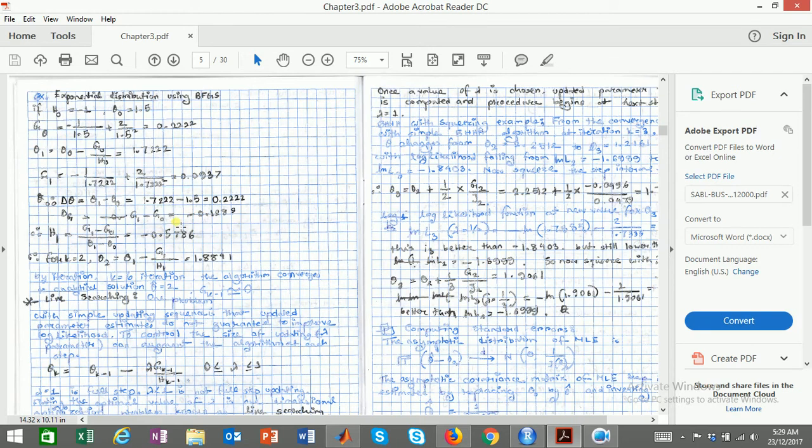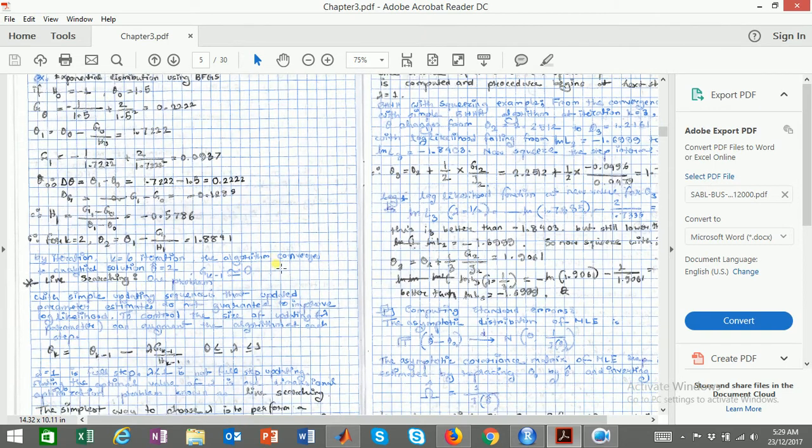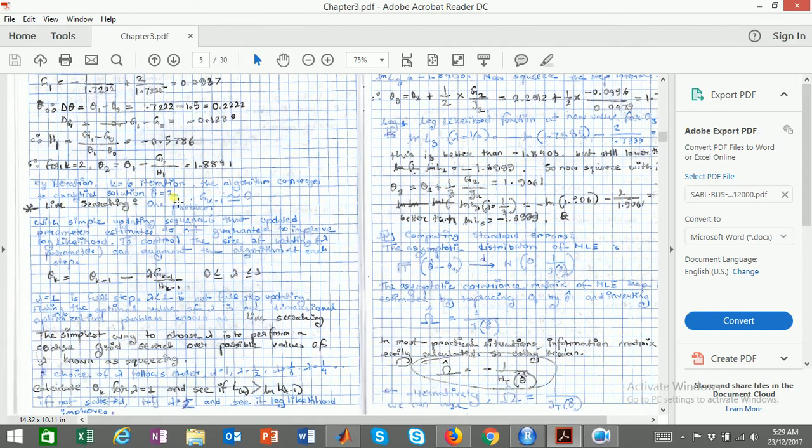So for iteration k equals 2, theta 2 equals theta 1 minus G1 by H1. Because we have already found H1 and theta 1, we can also find G1, and we can find theta 2, and this is how the iteration will go on. The algorithm converges at theta hat equals 2 in this example.